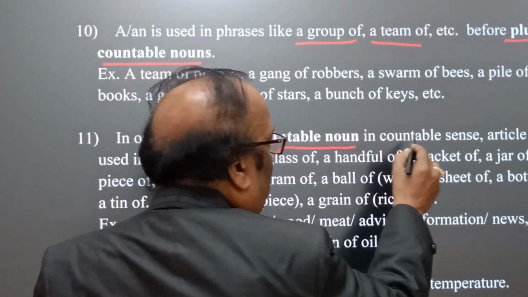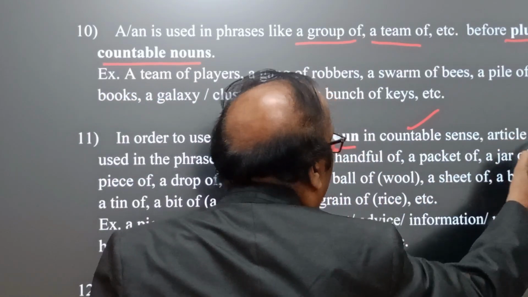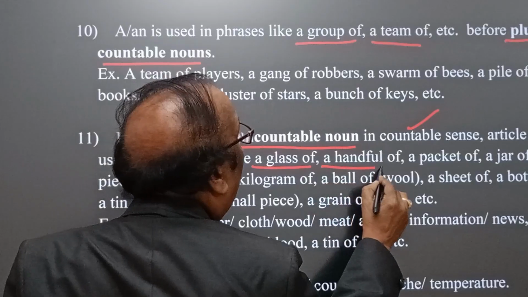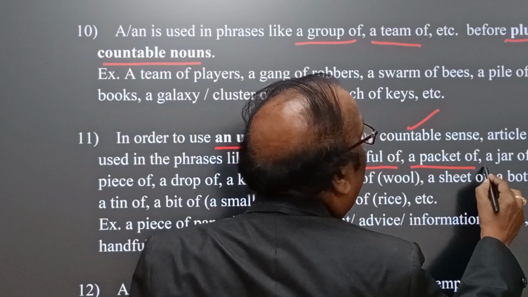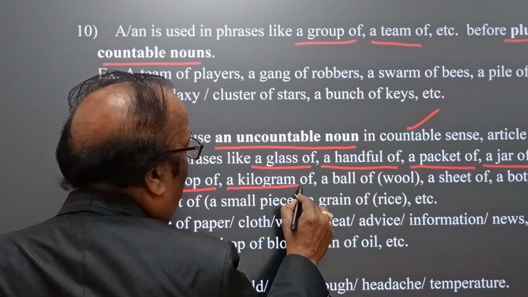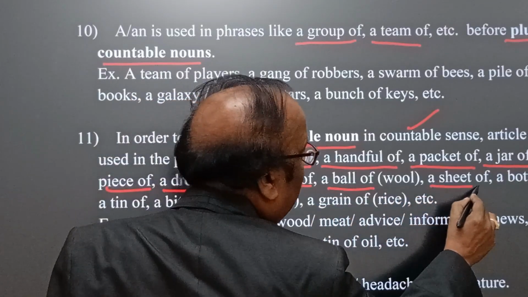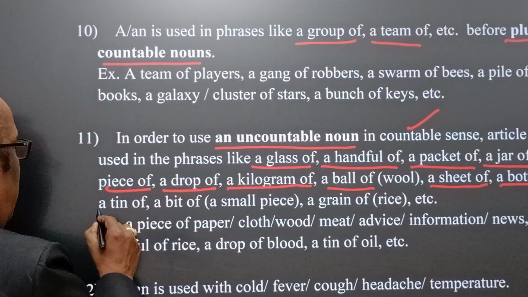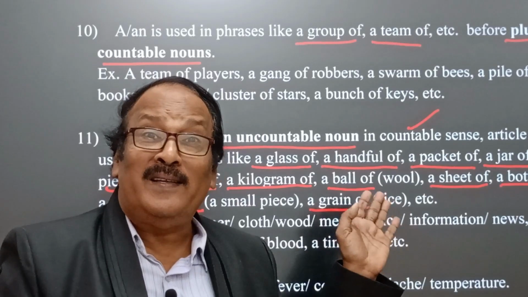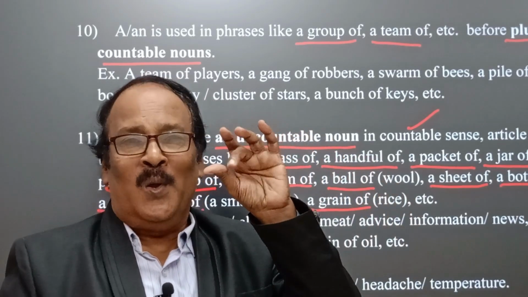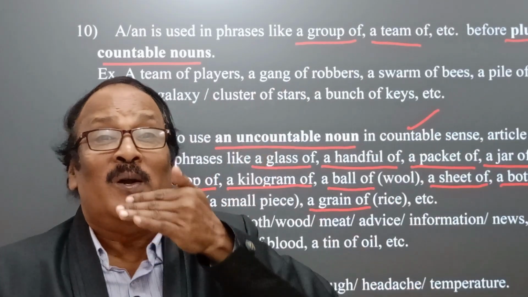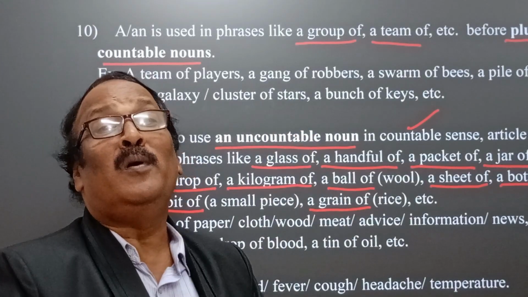See, in a countable sense, the article "a" is used in phrases like a glass of, a handful of, a packet of, a jar of, a piece of, a drop of, a kilogram of, a ball of, a sheet of, a bottle of, a tin of, a bit of, a grain of, etc. These are very suitable phrases. We can use them before uncountable nouns to express them in a countable sense.